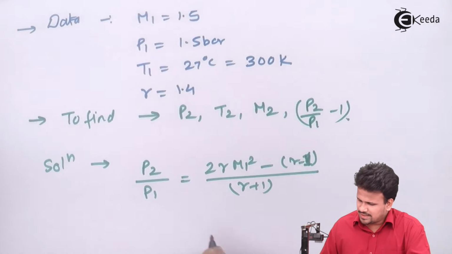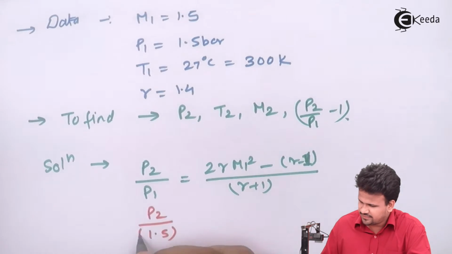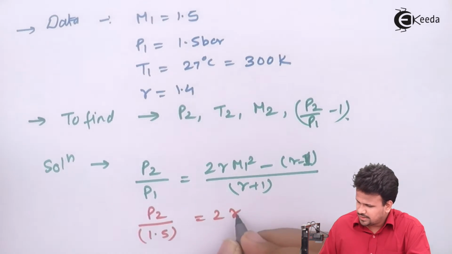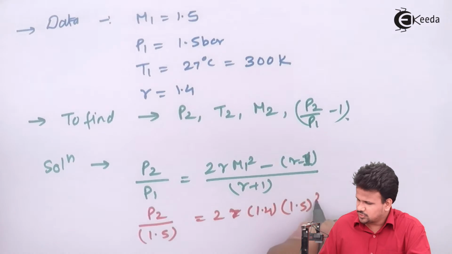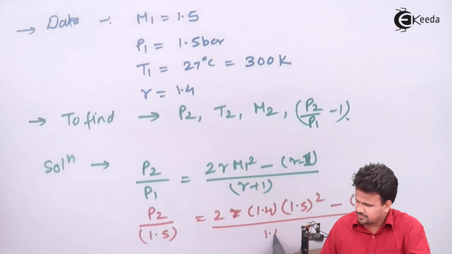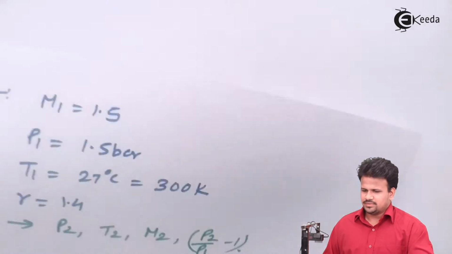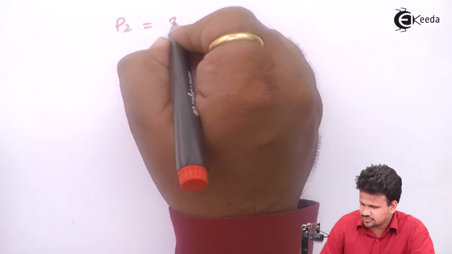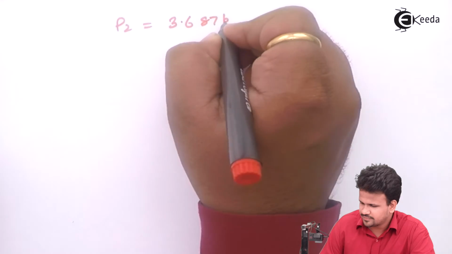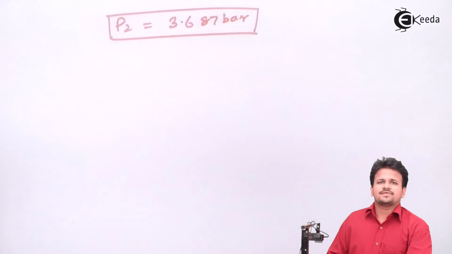P2 upon P1 is equal to (2 into 1.4 into 1.5 the whole square minus (1.4 minus 1)) upon (1.4 plus 1). On calculation, we get P2 equal to 3.687 bar. That is the pressure at the downstream. So we have calculated the pressure.